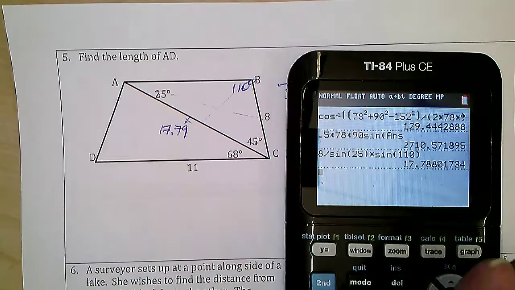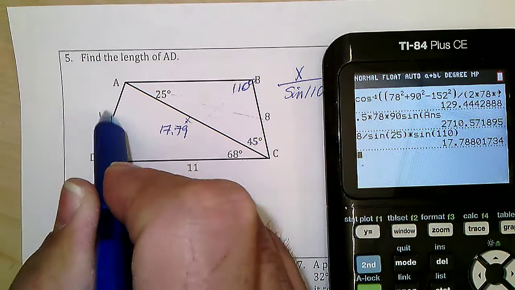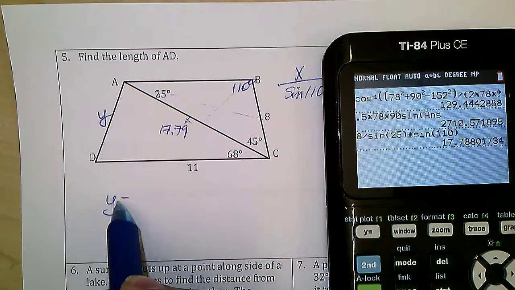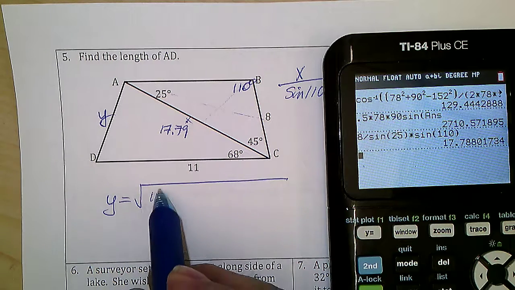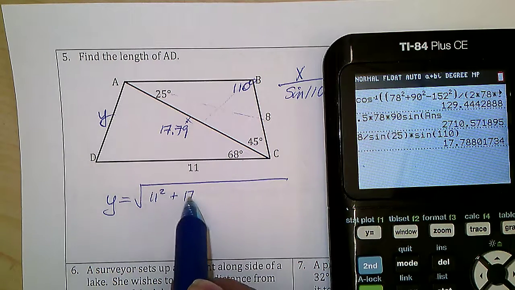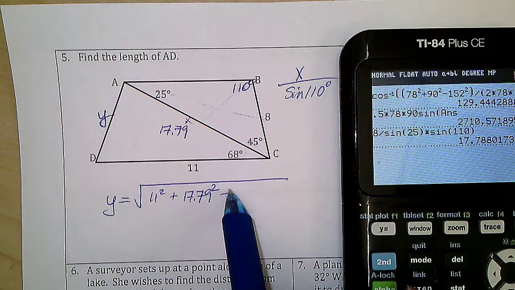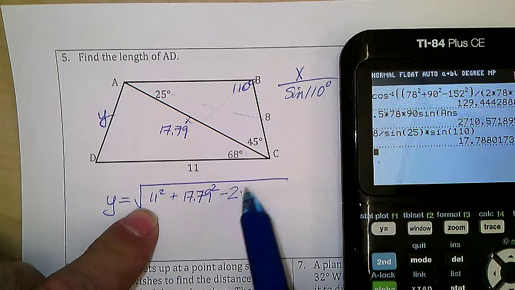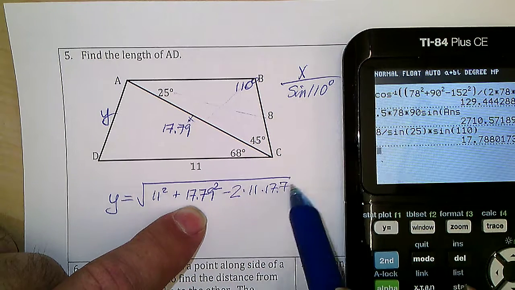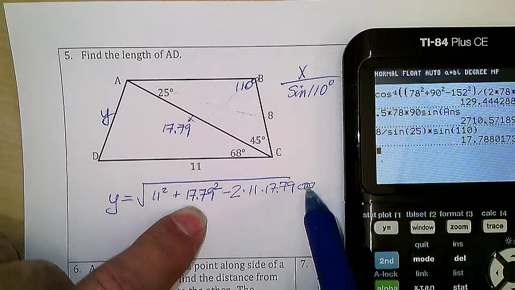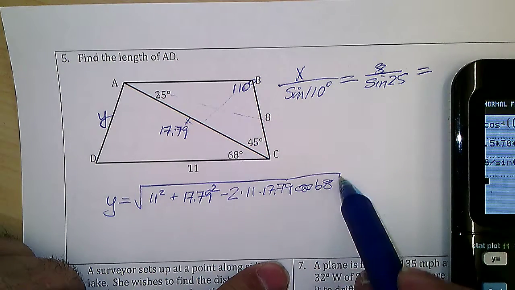We should be able to get that one using the law of cosines. This one that we want to know, let's call it y. y would be the square root of adjacent side squared plus adjacent side squared minus 2 times adjacent side times adjacent side times cosine of the angle between those two adjacent sides. They're adjacent to this angle.